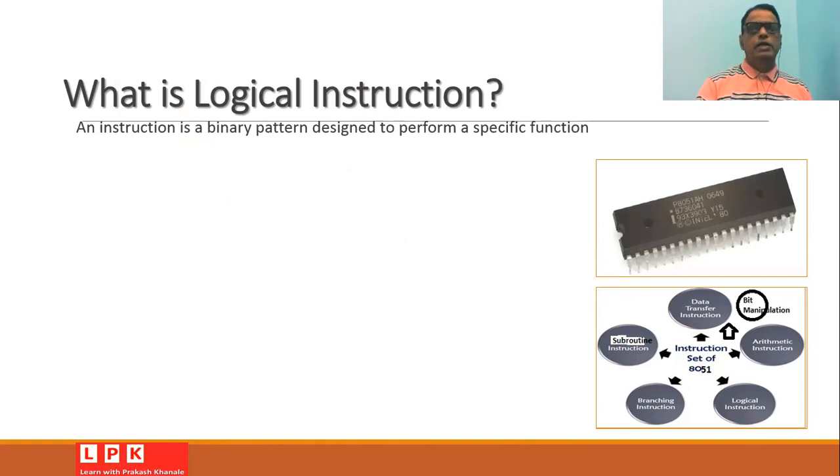We know that any instruction can be thought of as a binary pattern, and whenever this instruction is fed to the MCU, it will perform a specific function. We know that 8051 has many instructions.